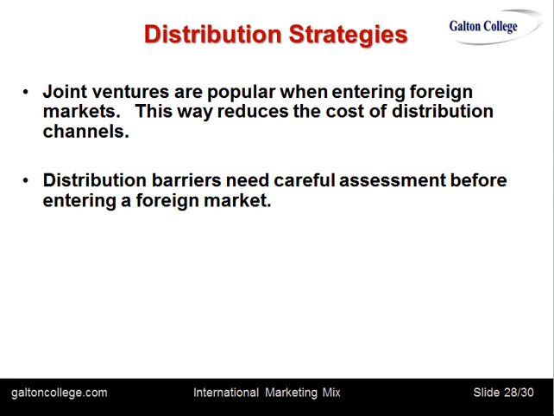Or it may be a distribution problem clearing customs, getting it through efficiently. There may be a problem with the market itself. It may have to be licensed in the market. It may have to have government approval. There are all sorts of issues that could affect the distribution of the product.